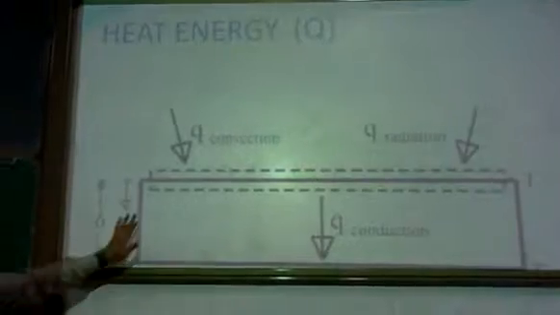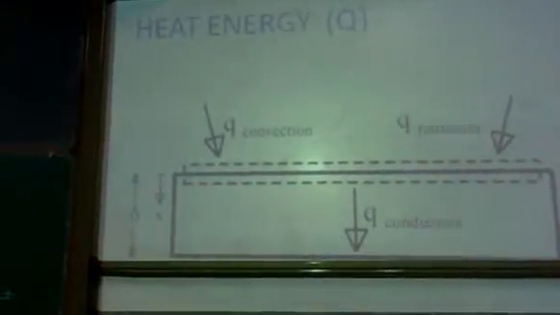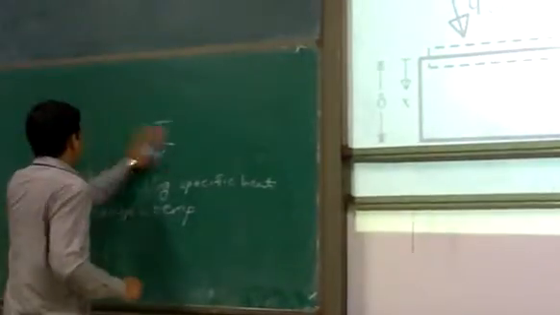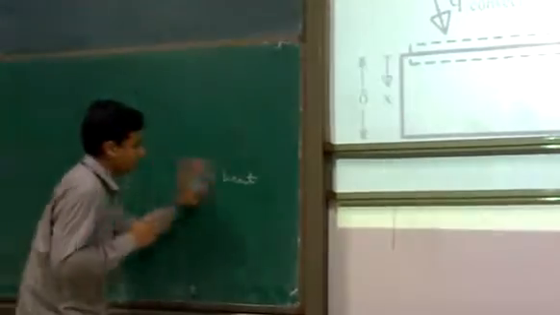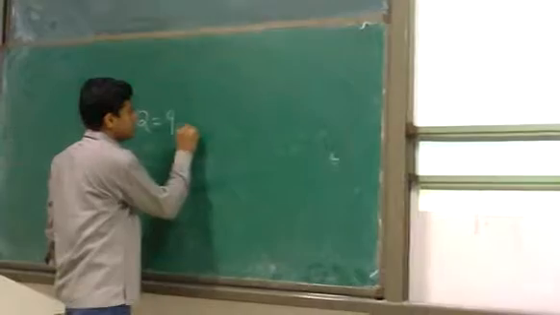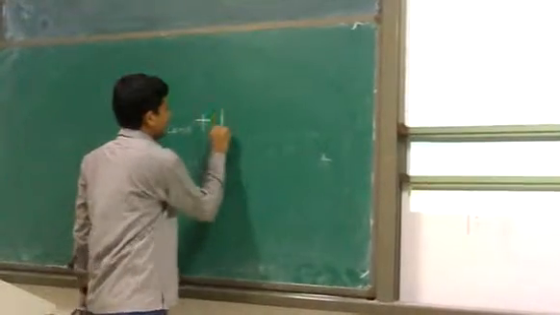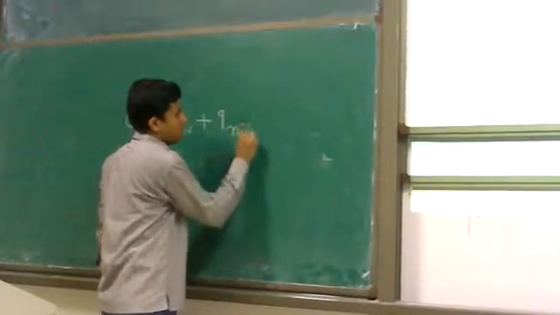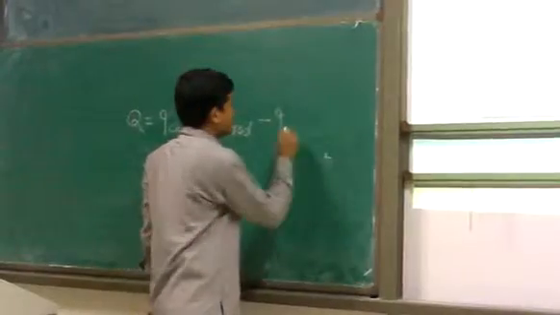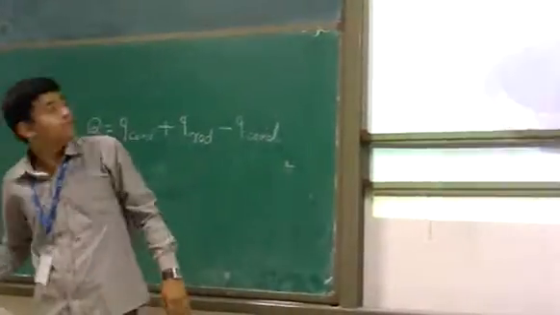To calculate the final heat transfer in this system, the formula for heat energy is Q equal to heat coming via convection plus heat coming via radiation minus heat coming via conduction, as shown here. So we will calculate the final heat energy for it.